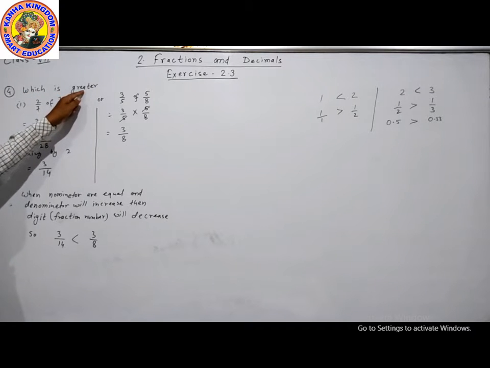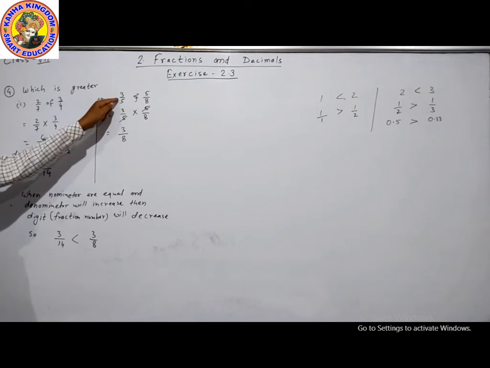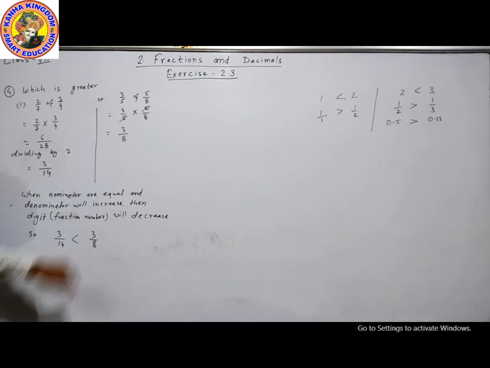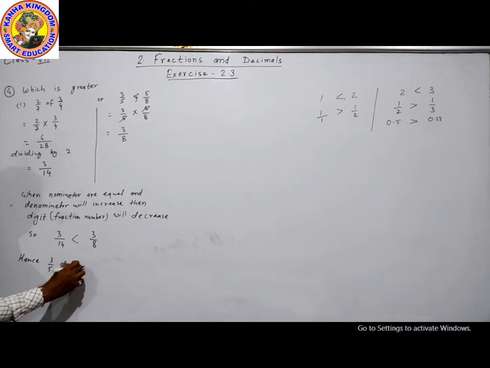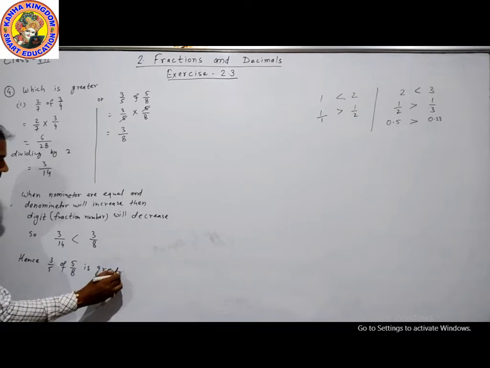Find which is greater. Greater is 3 by 8. Greater is 3 by 5 of 5 by 8. Hence 3 by 5 of 5 by 8 is greater.